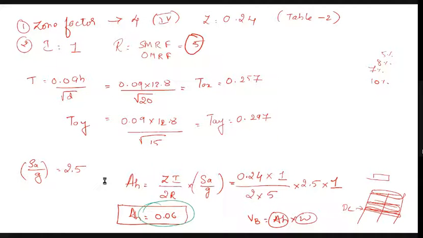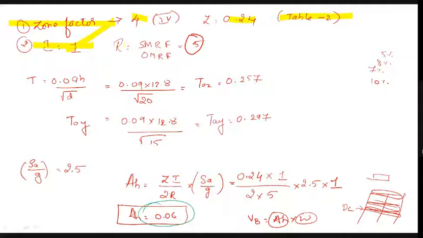Okay, the first step will be determining the zone factor. For zone 4 it is 0.24, directly we will get from the table. Importance factor, check whether he has given any school building, public sectors, hospitals, etc. If it is given like that, it will be 1.5. If he has not mentioned anything, you can directly take it as 1.